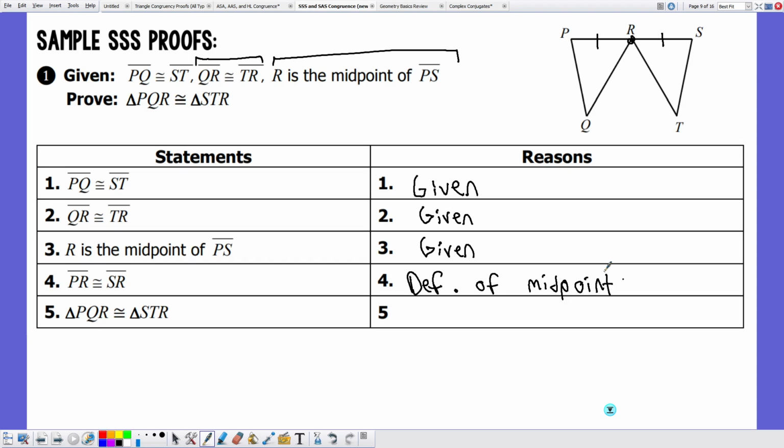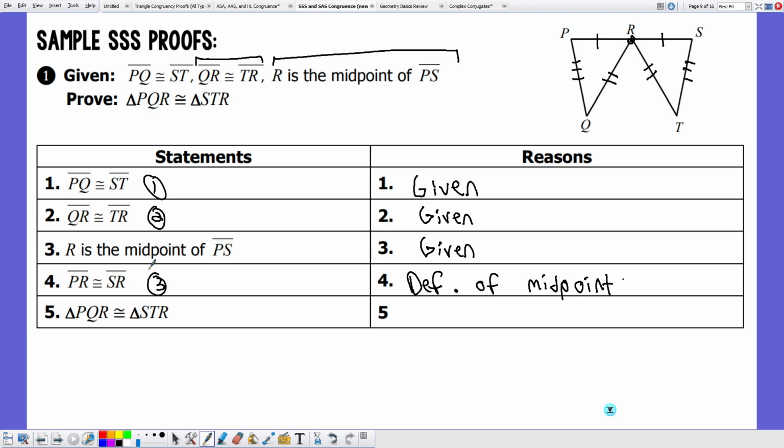And then finally, if we look at what we have, QR is the same thing as TR, and PQ is congruent with ST. We have three pairs of congruent sides: 1, 2, 3.